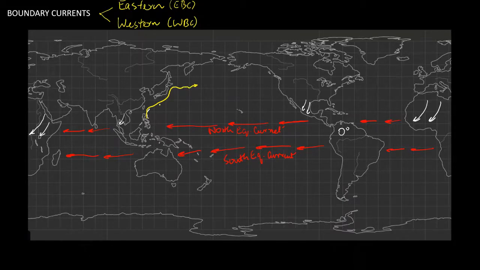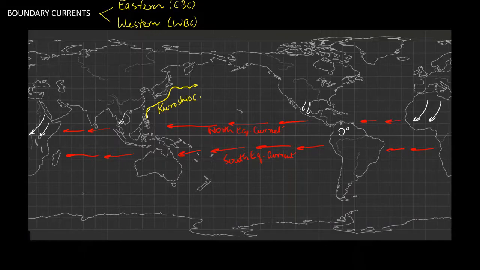This current is called the Kuroshio current. In Japanese, the word Kuro means black and Shio means current. So this Kuroshio current is a current which has dark colored waters or black waters.